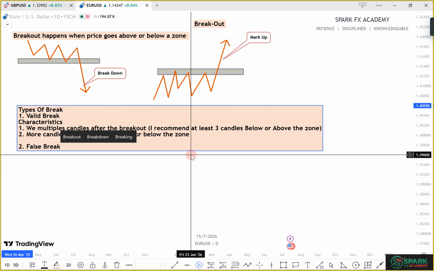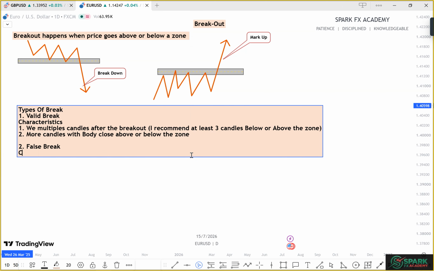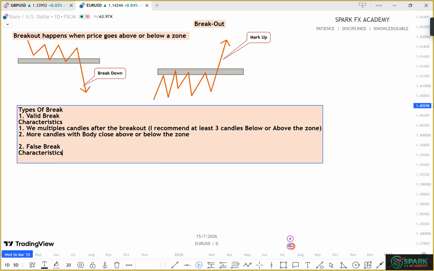Then first breakout or a first break. Number one, price breaks out with the wick of the candle.